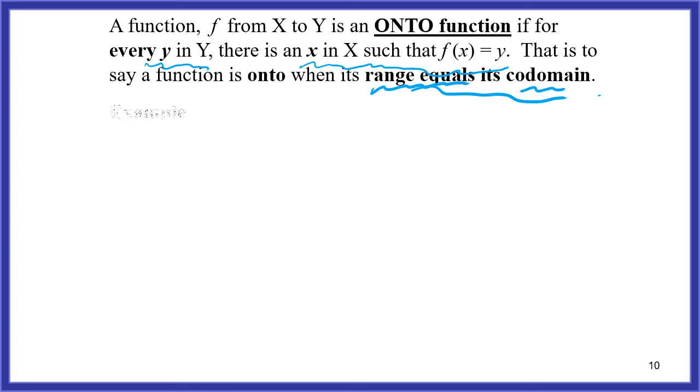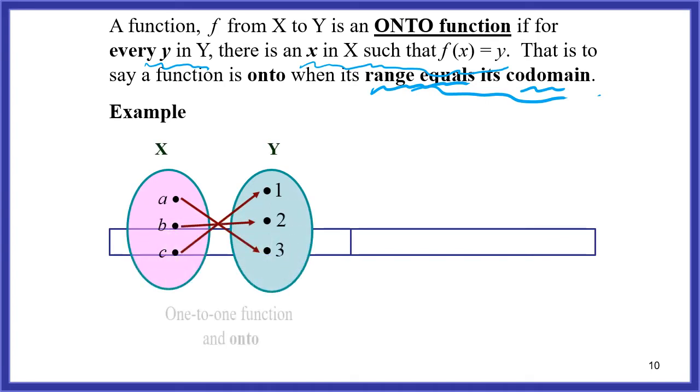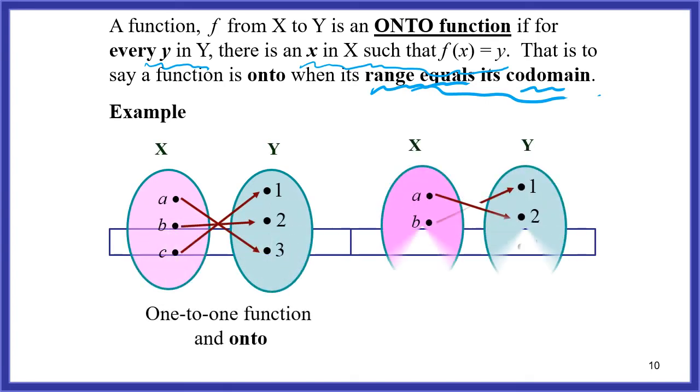Okay, for example, this one, X and Y on the left side: A, B, C are all mapped, and Y also has a couple from the left side.